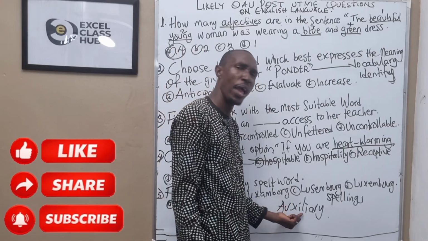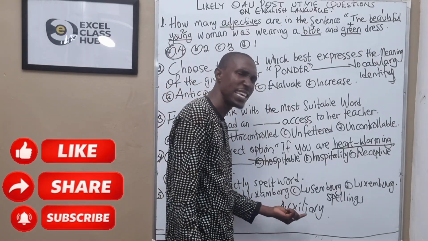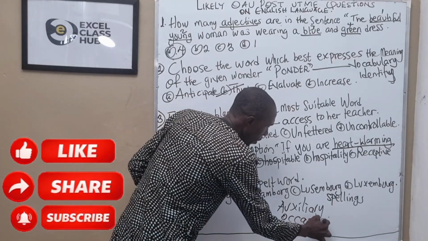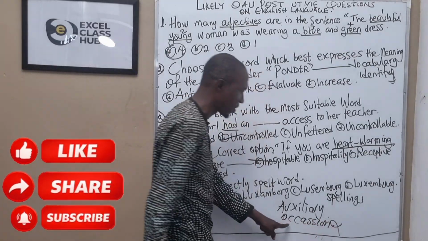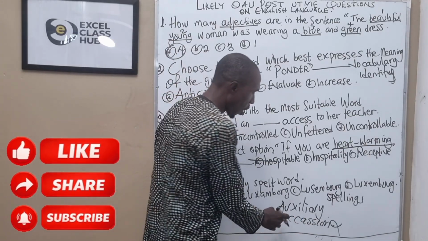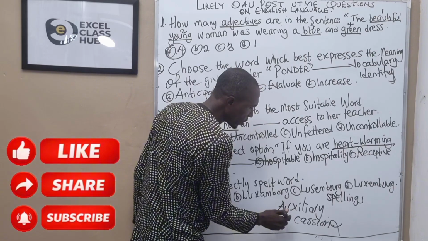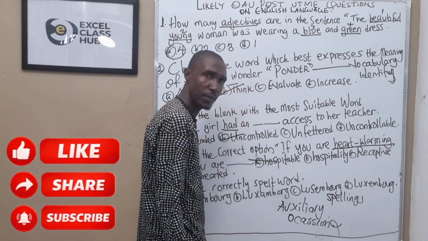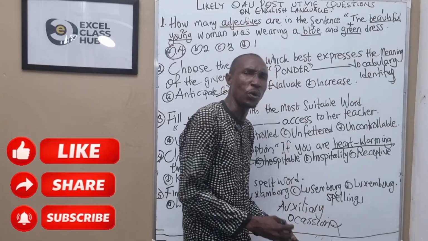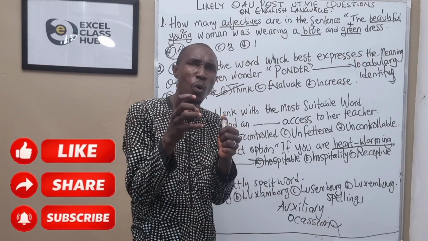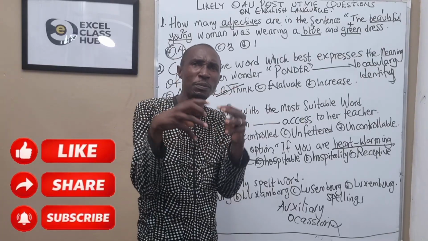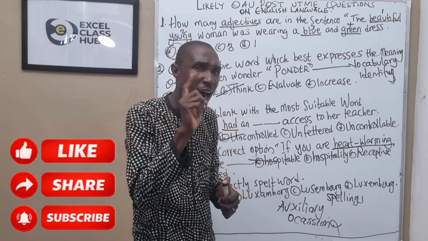Auxiliary is not double L. Auxiliary is one L. Like the word occasion. Occasion with one C is wrong. It has only one S after the double C... Case, then sion, has double S. So there are spellings that carry two alphabets, and there are spellings that we assume have one alphabet.